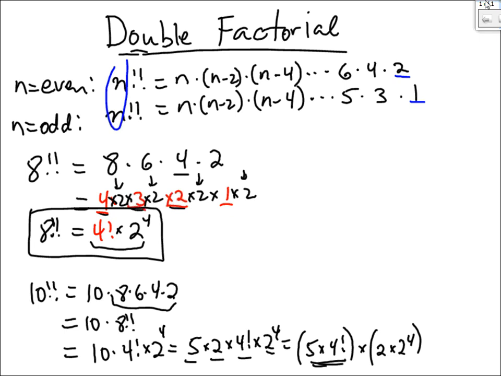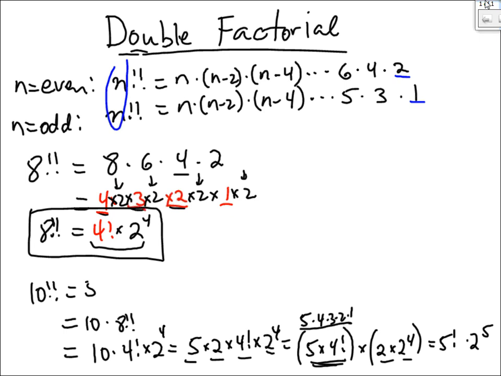Thing is, this is 5 factorial, meaning it's 5 times 4 factorial, which is 4, 3, 2, 1. So this is 5 factorial, times 2 times 2 to the 4th, which is 2 to the 5th. So we just learned that 10 double factorial is 5 factorial times 2 to the 5th.